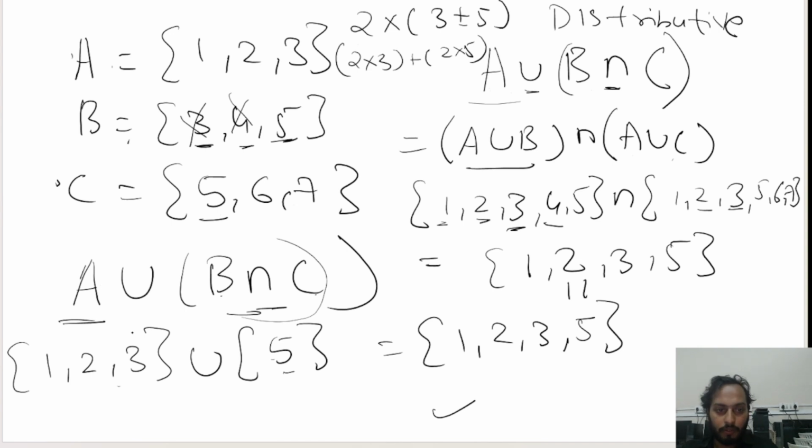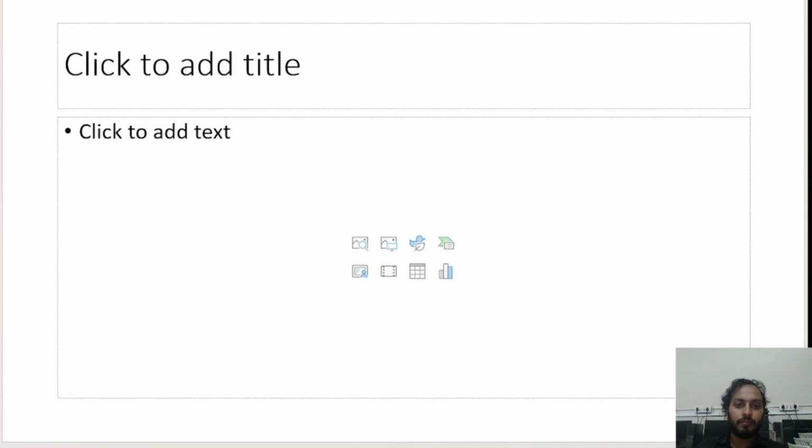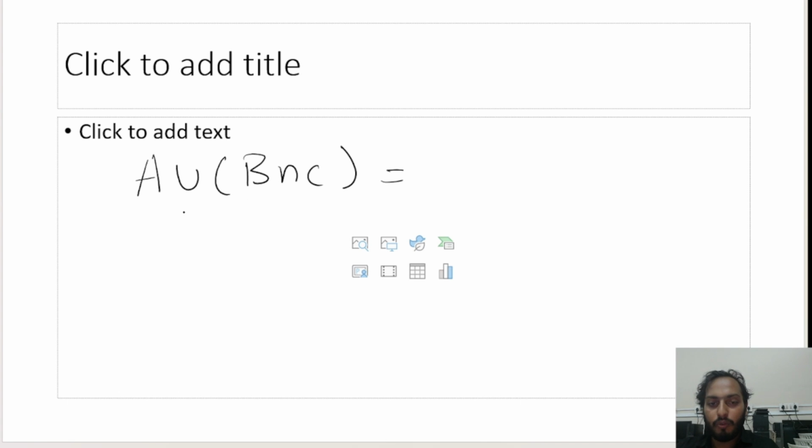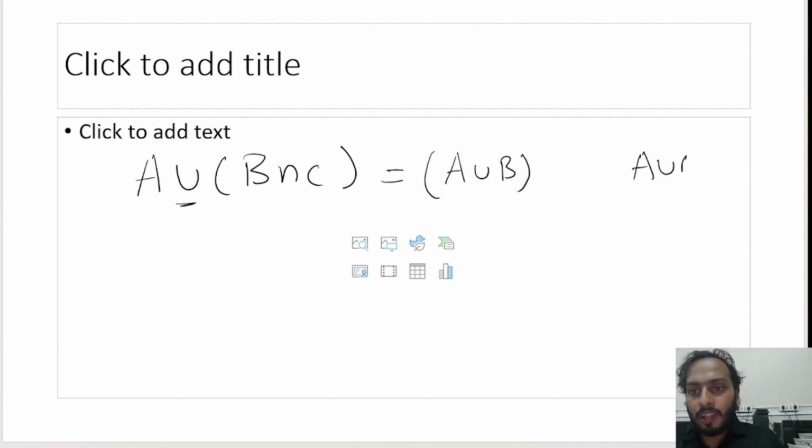I just want to say that if you have two signs together, A union of B intersection C, either follow the parenthesis as it is, or you can distribute this union sign inside and join it with B and with C. You can calculate A union B, you can calculate A union C, and then whatever the sign is here, you will put here.